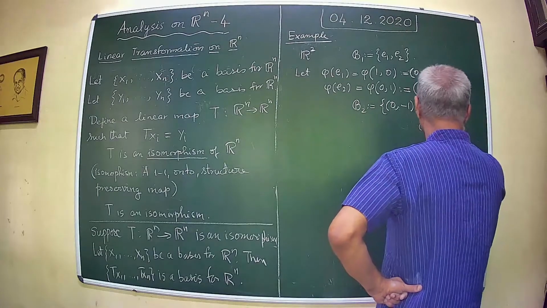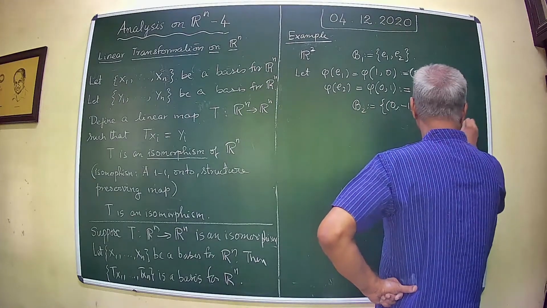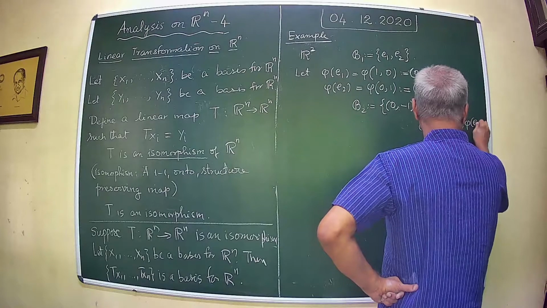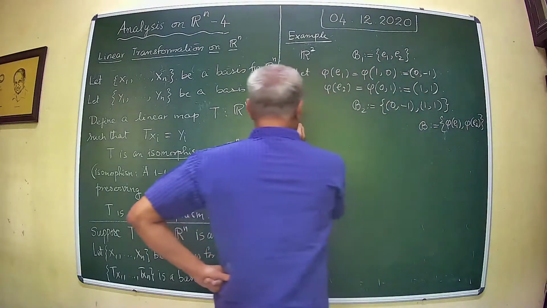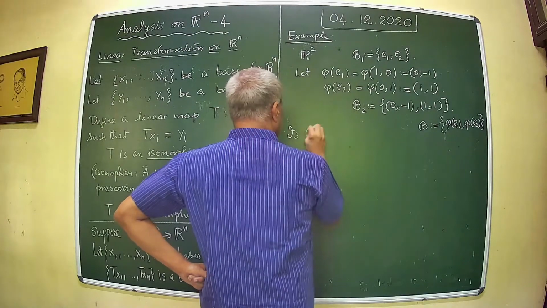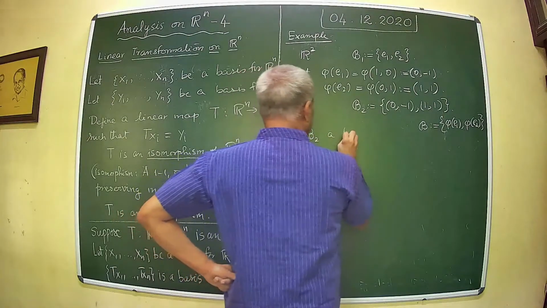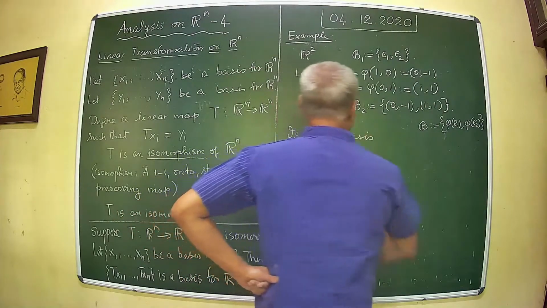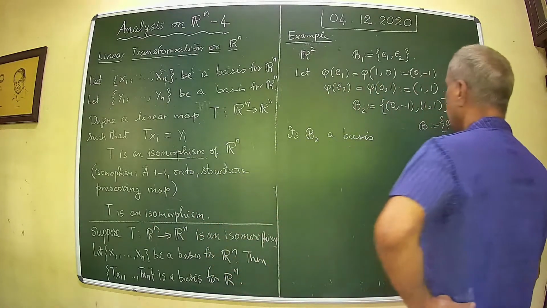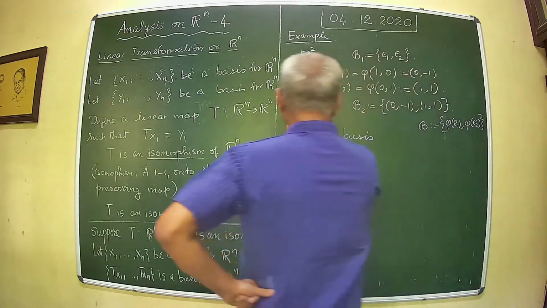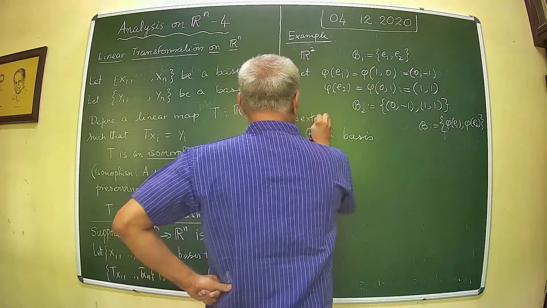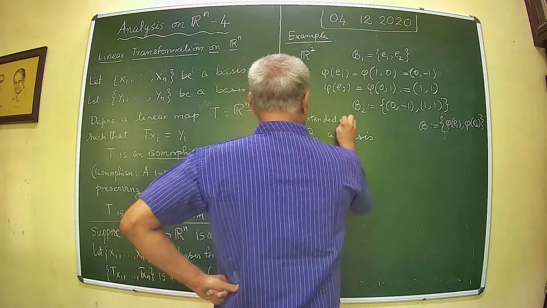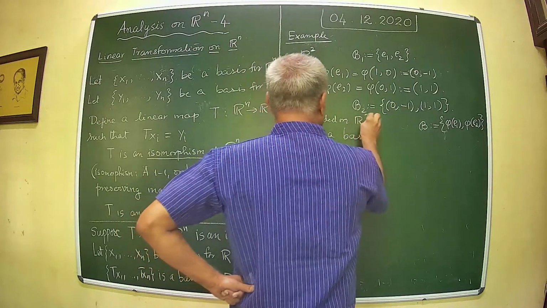The first question that you ask is: is this a basis? Is B2 a basis? Before that I want to say the following. Phi is extended on R2 linearly.